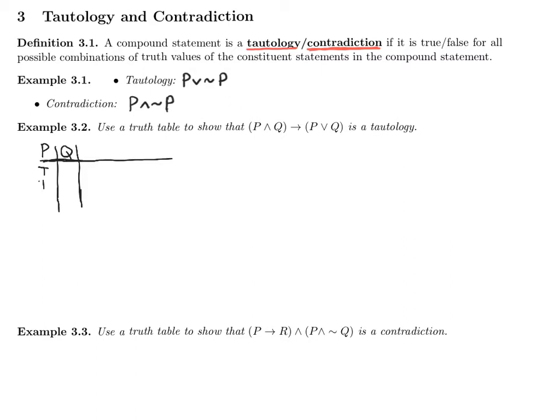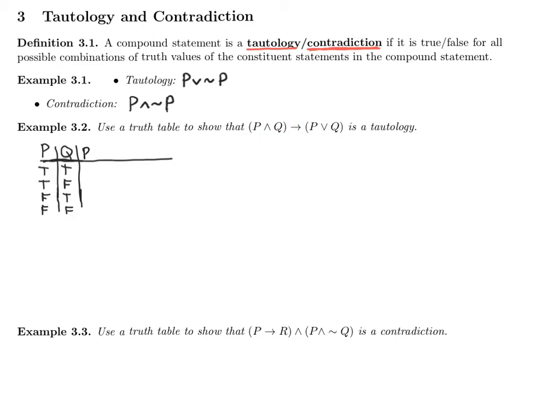So that's all possible combinations of when P is true or false and when Q is true or false. Okay? And what do we need? We need P and Q. We need P or Q. And then we need the implication of those. So let's figure that out.